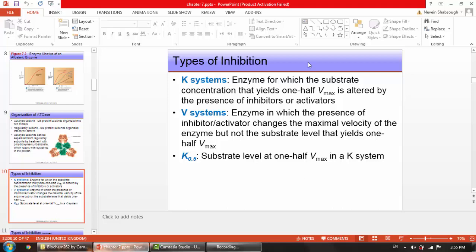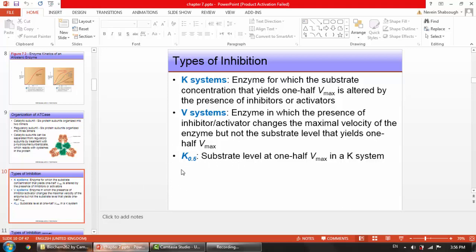There are two types of enzyme inhibition mechanism, the K systems and the V systems. Now, for any enzyme that belongs to the K system, when we add an allosteric activator or inhibitor, what changes is the substrate concentration that yields 1/2 Vmax, and we call this K 1/2.